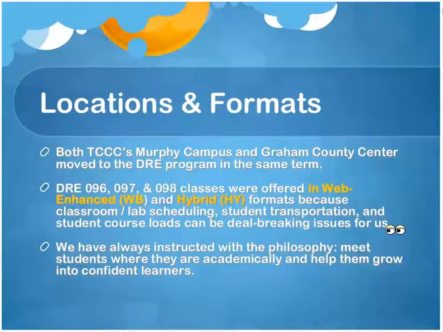We've always instructed with a philosophy: we want to meet our students where they are academically and help them grow into confident learners. We do recognize that if someone comes into English 075 or the DRE 96, they're just barely there with one toe over the line. We know that they've got a way to go to get up to be college and career ready. But because of our small size, our instructors can have really individual and personal experiences with our students.